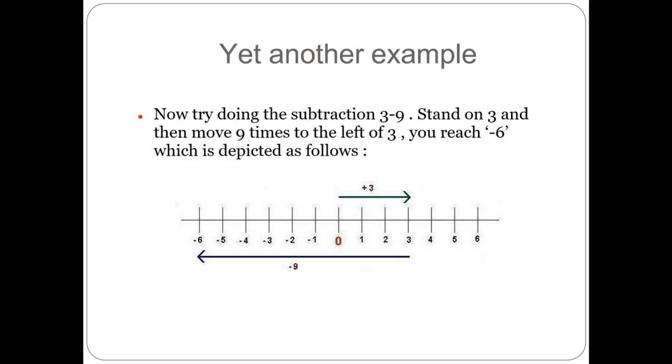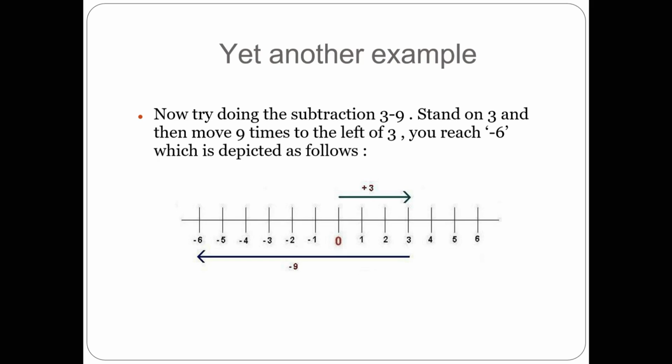You see another example. Now try doing the subtraction 3 minus 9. Stand on 3 and then move 9 times to the left of 3. You will reach minus 6, which is depicted as follows. You see the number line. First of all, you stand on 3 and go 9 steps.